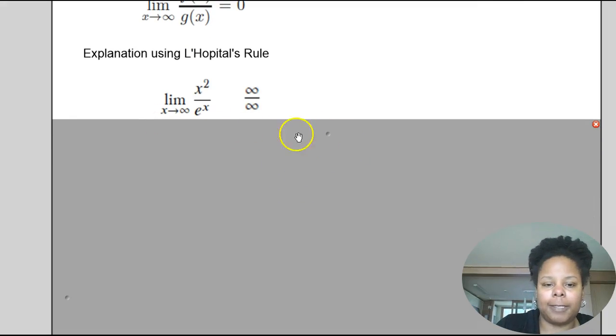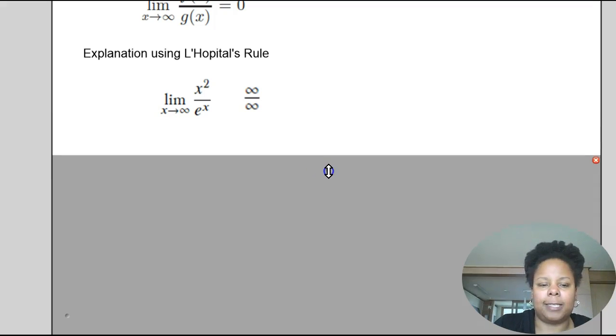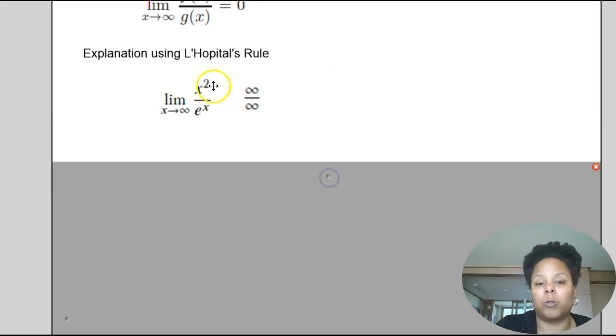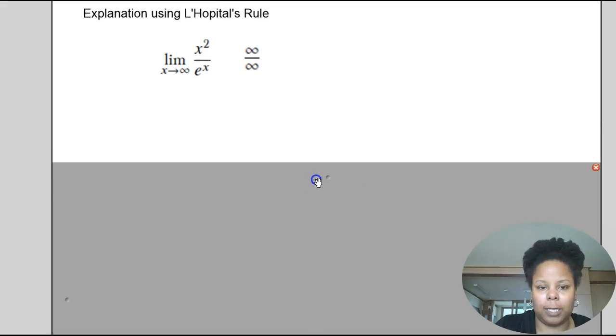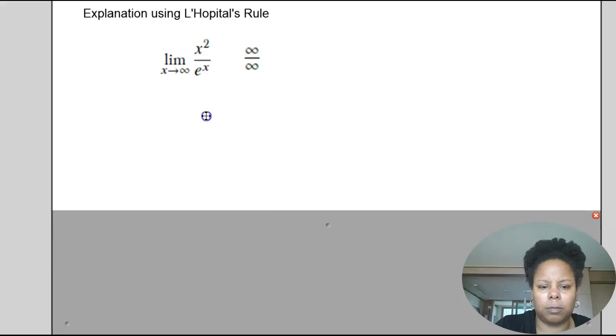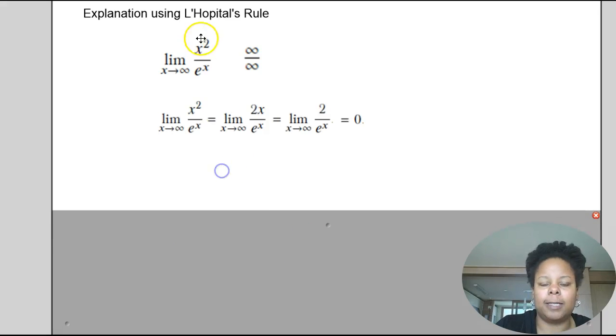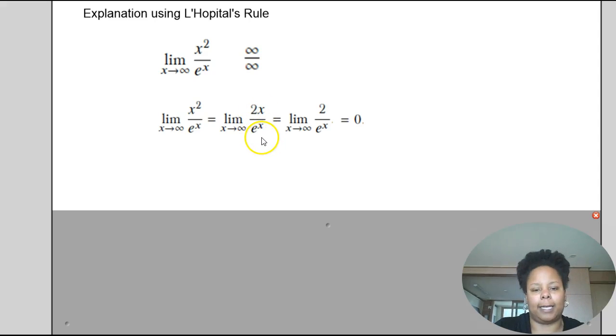So because these both go to infinity, and I get infinity over infinity, that means that I can use L'Hopital's rule, because this is one of those indeterminate forms I was showing you earlier. And so in order to solve this problem, we take the derivative of the numerator and denominator function, and we end up with 2x over e to the x.